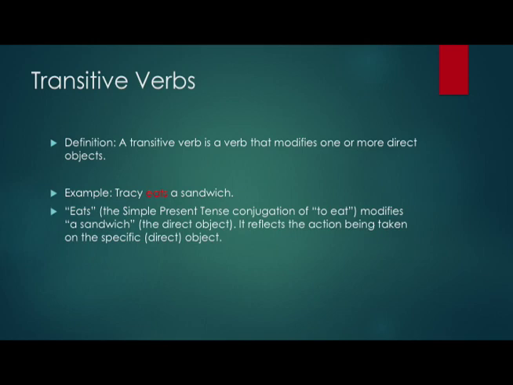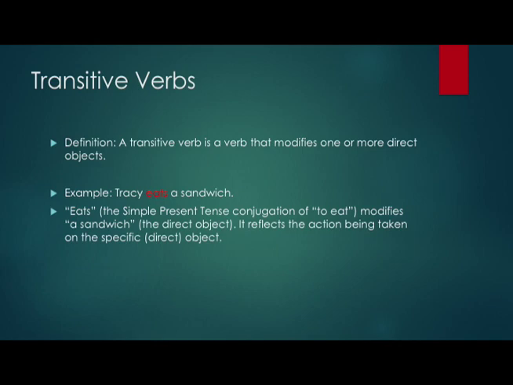Let's look at the two types of verbs. The first type is what we call transitive verbs. So a transitive verb is a verb that can modify one or more direct objects, and we will also talk about what a direct object is. In this example, which will probably make it easier to understand, Tracy eats a sandwich.